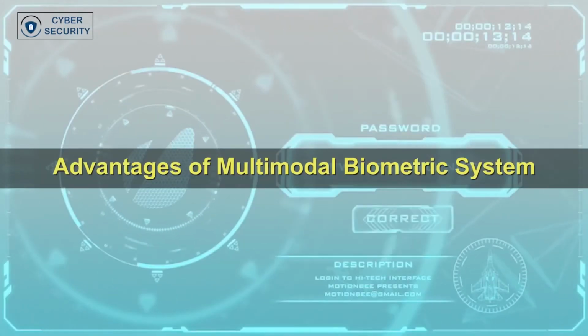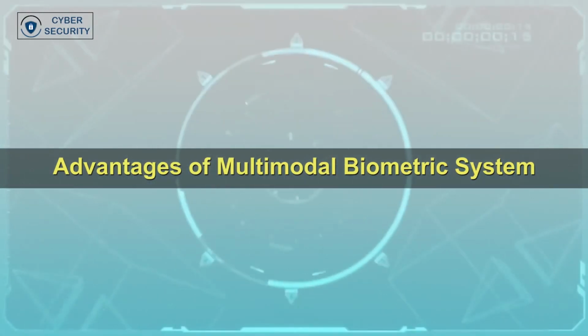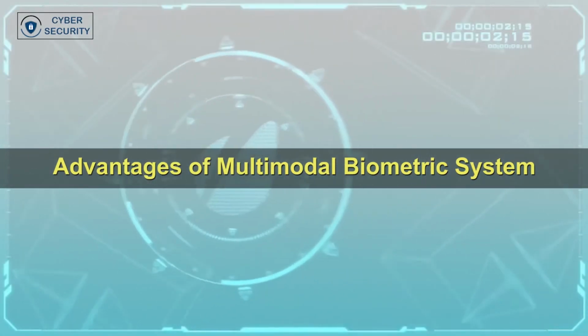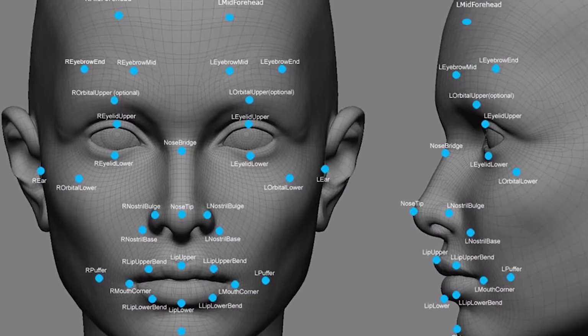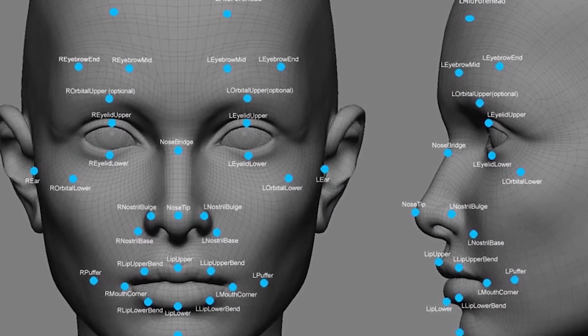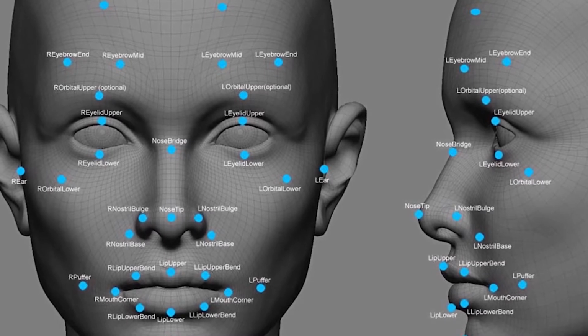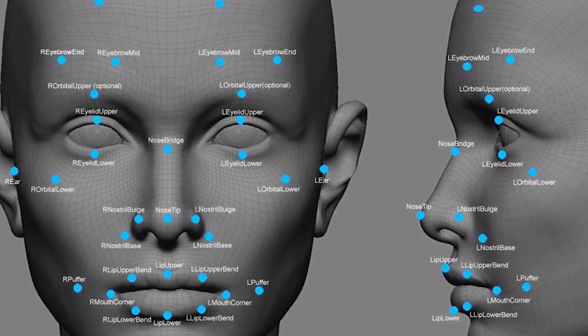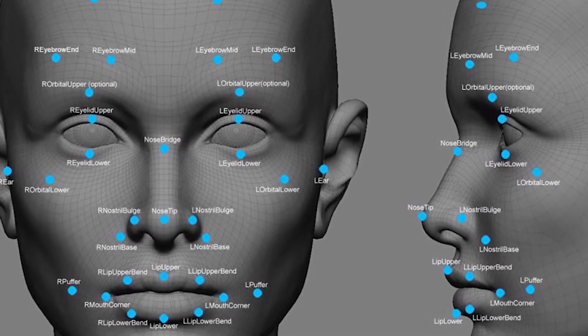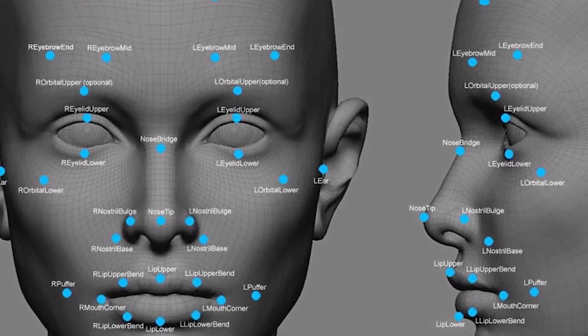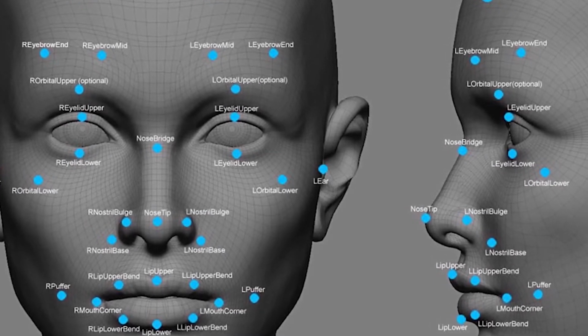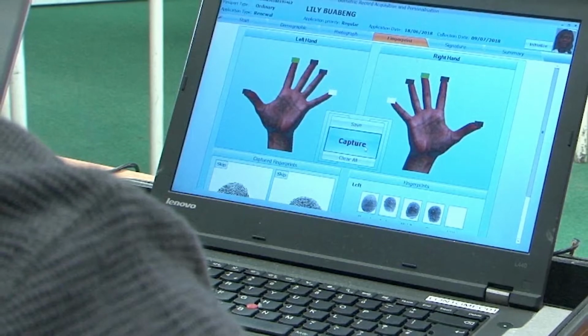There are certain striking advantages of multimodal biometric systems when compared to unimodal biometric systems. Systems are resistant to intra-class similarity of data like facial features. They combine more than one modality, enabling reduced intra-class similarity. Second one is noise resistance.